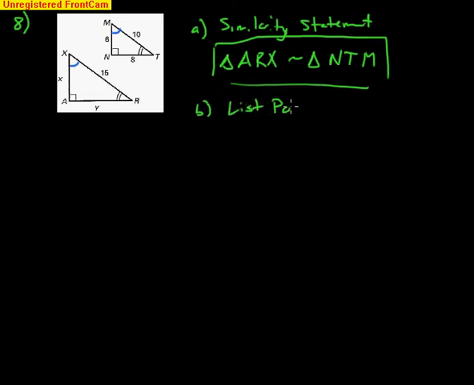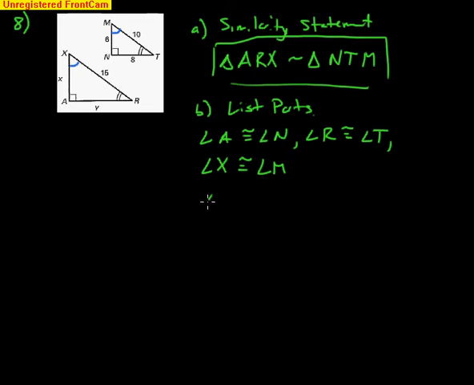Okay, so now I'm going to say list the parts, which means what angles are congruent, what's the proportionality statement. All right, so just use the correspondence above. Angle A is congruent to angle N. Angle R is congruent to angle T, and angle X is congruent to angle M. There's the congruent angles.